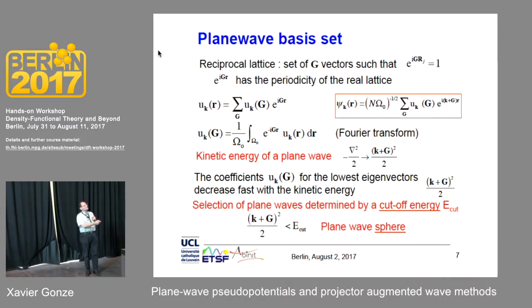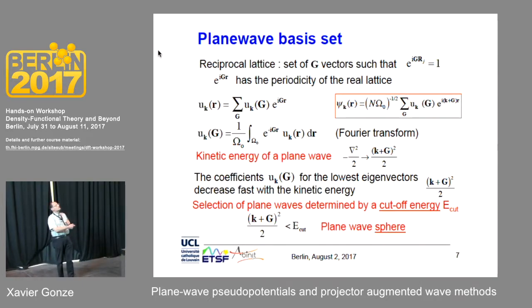We fix the E cut, and the G here must be such that |k+G|² divided by 2 is smaller than the E cut. Note that in the reciprocal space, this inequality makes a constraint on the norm of the k plus G vector, which actually defines a sphere in reciprocal space. So one speaks of the plane wave sphere.